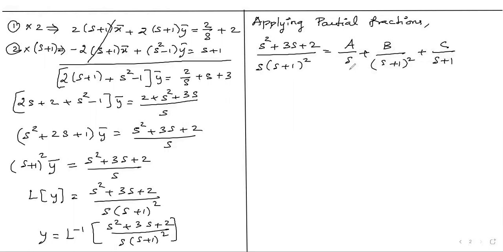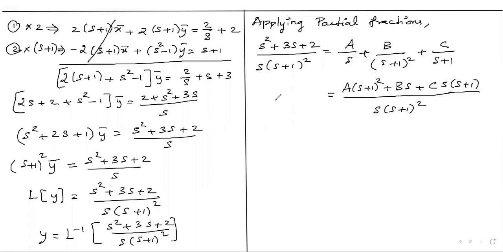It's your wish. And after taking, you can take the LCM in the right hand side, s times s plus 1 the whole square. A will be having s plus 1 the whole square, b will be having s, and c will be having s times s plus 1. And see the denominator, it will be cancelling on both sides, s plus 1 the whole square.